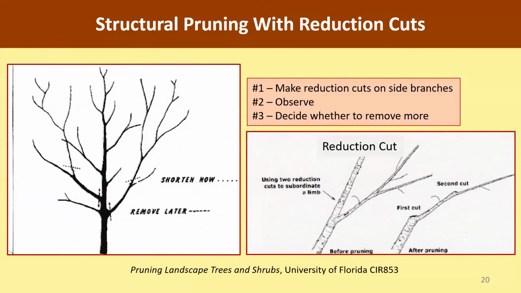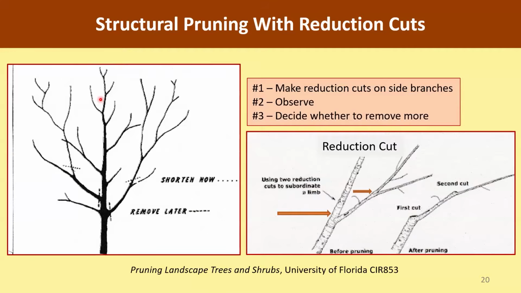And let's see, do you still remember how to make a reduction cut? Where branches come together, we cut off the upper, more upright portion. And in this example, we can make another cut so we can further subordinate or slow the growth of the side branch.